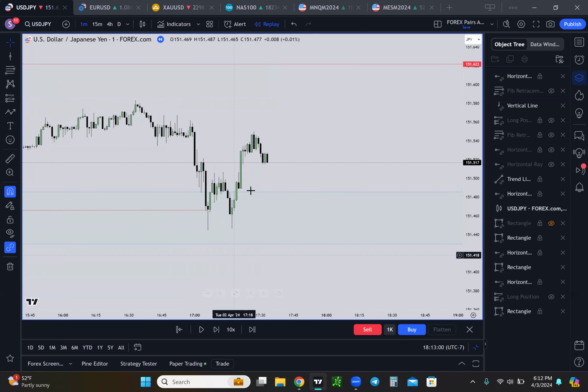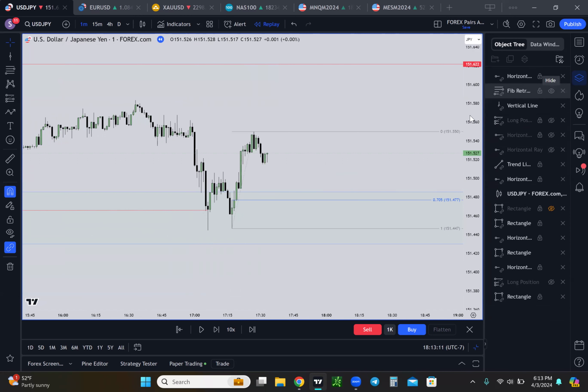I wait and I see price starting to pull back. So what I do is I put on my retracement tool right here. Nope, not that one. This one. Okay. So what this is, because price broke above here, this high that created that low, price broke above it. It's starting to pull back.